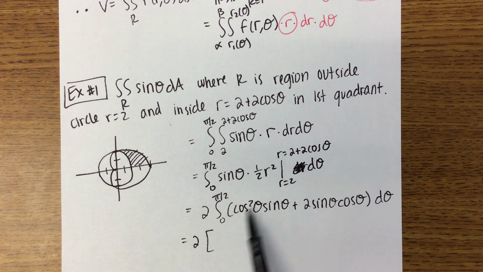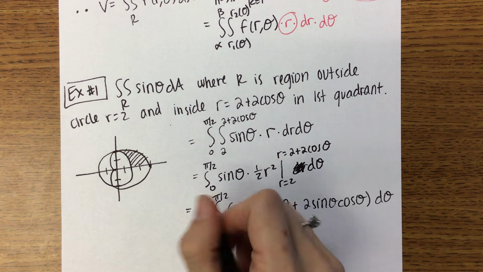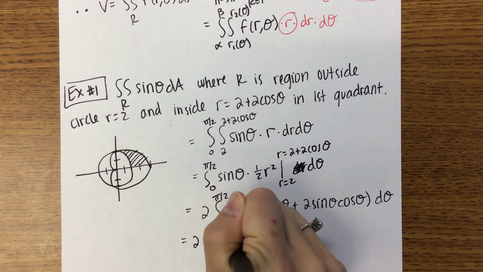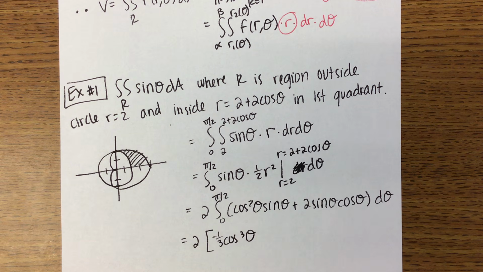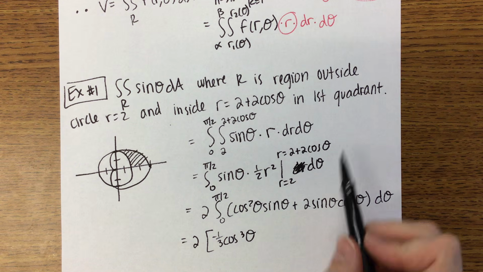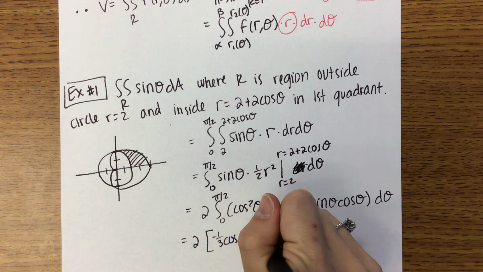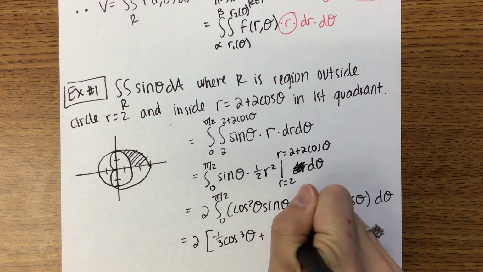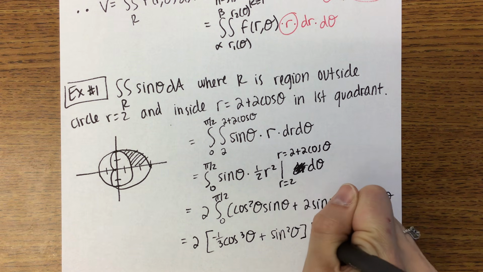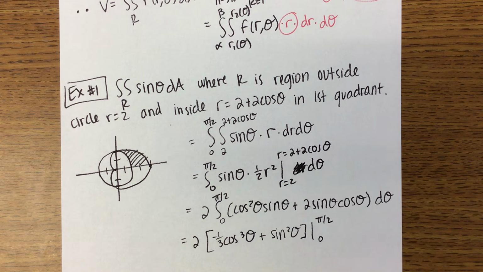Here, if you make your u cosine theta, your du would be negative sine of theta. So this is negative 1/3 cosine cubed of theta. Here, if you make your u sine of theta, your du would be cosine of theta. So we get plus sine squared of theta, all of it from 0 to pi over 2.